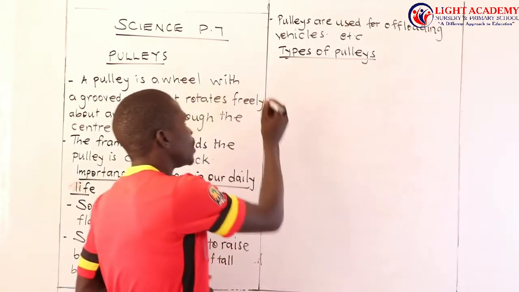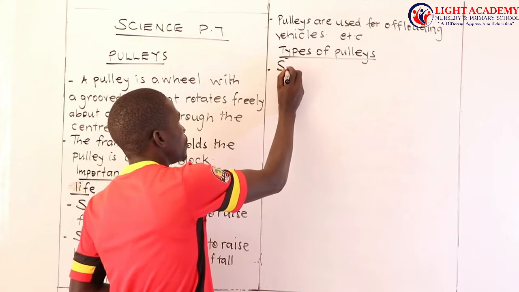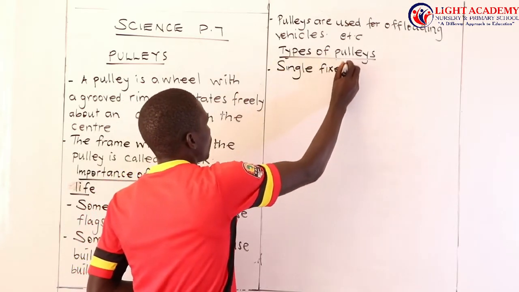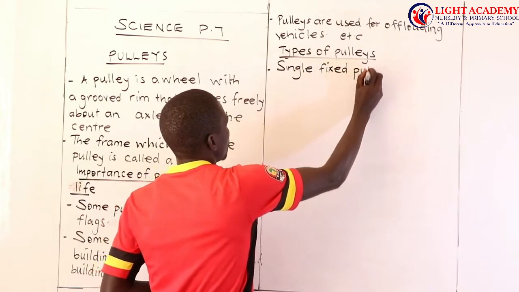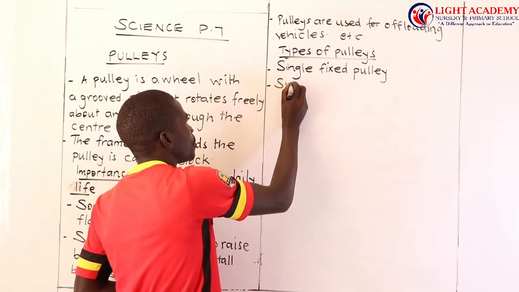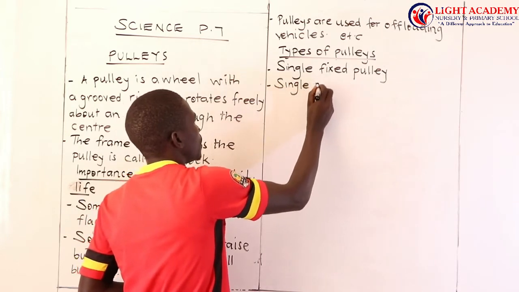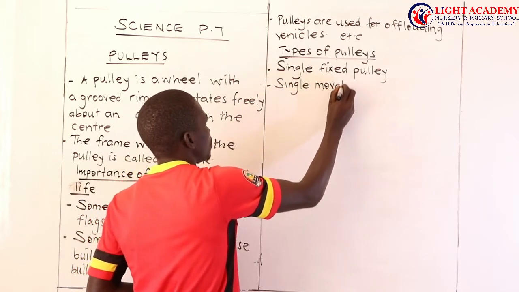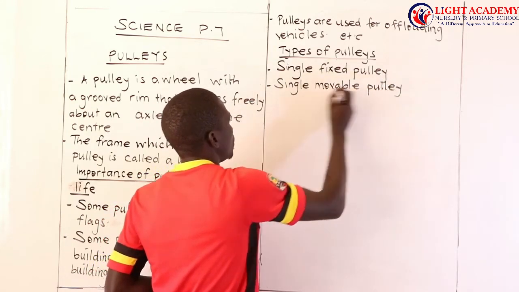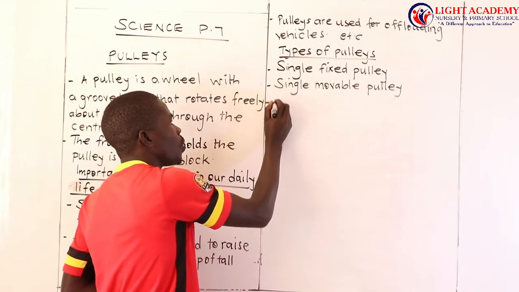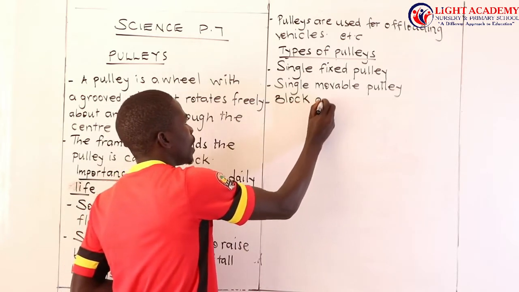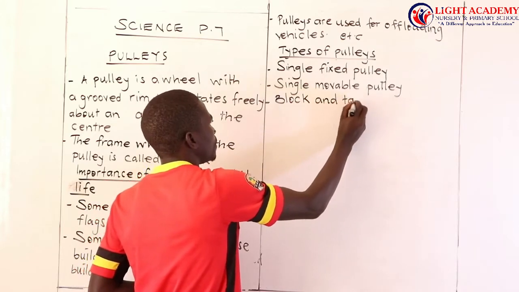There is the single fixed pulley. Then we have the single movable pulley. Then we have the block and tackle pulley.